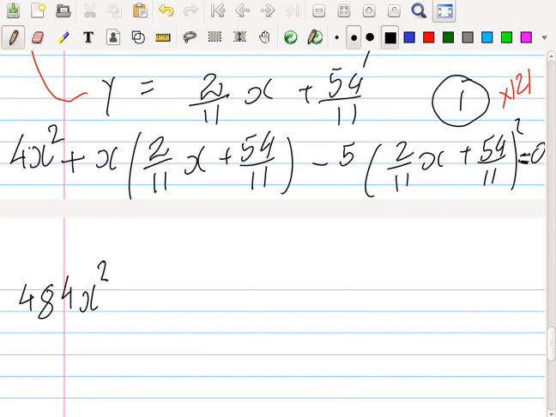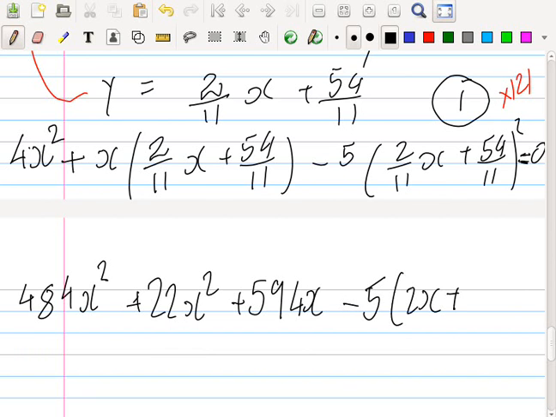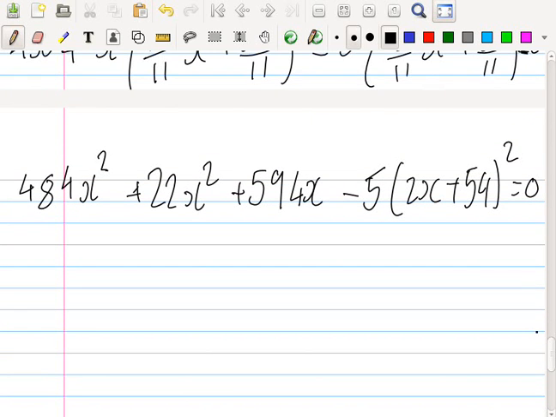And then multiplying here by 121, it will be 22x squared, and then x times 54 over 11 times 121. 54 times 11 is 594. So 594x, and then the 121 cancels both of these, so I'm just left with minus 5 times 2x plus 54 squared equals 0. Okay, that can be cleaned up a bit more.